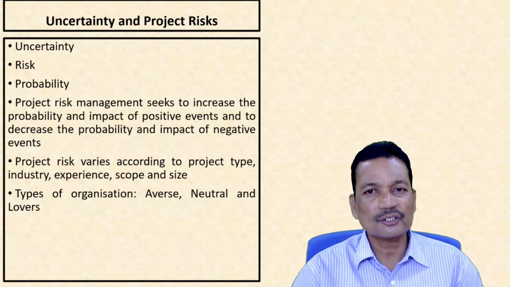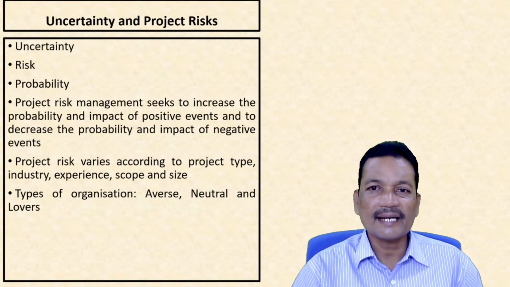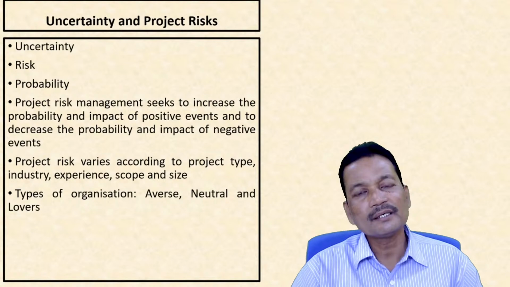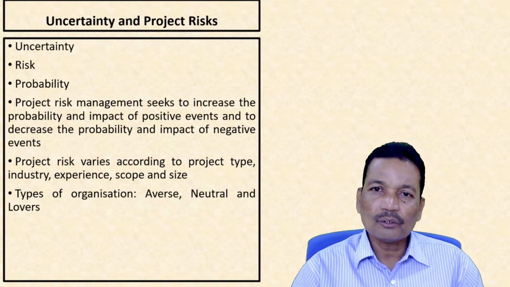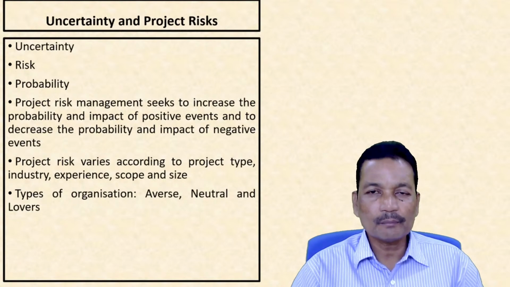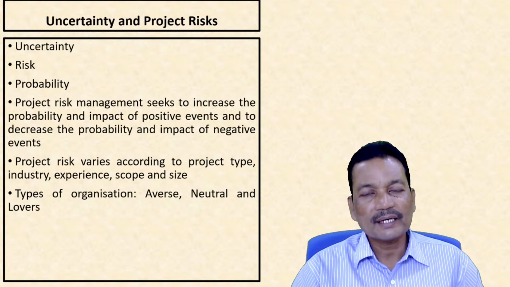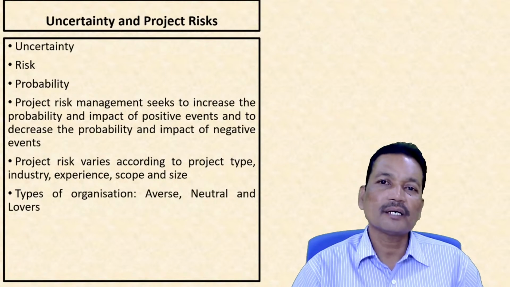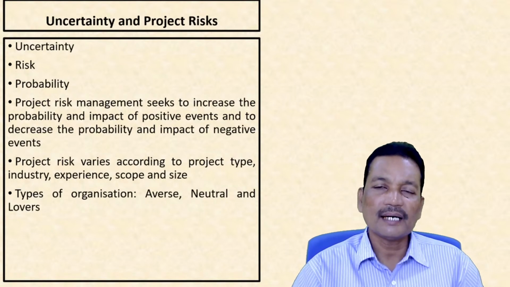Like in the construction of dams, some activities in dam A and dam B will be similar. So as we go on doing more projects, we get a fair idea about the exposure of activities to future uncertainties and how to handle it.